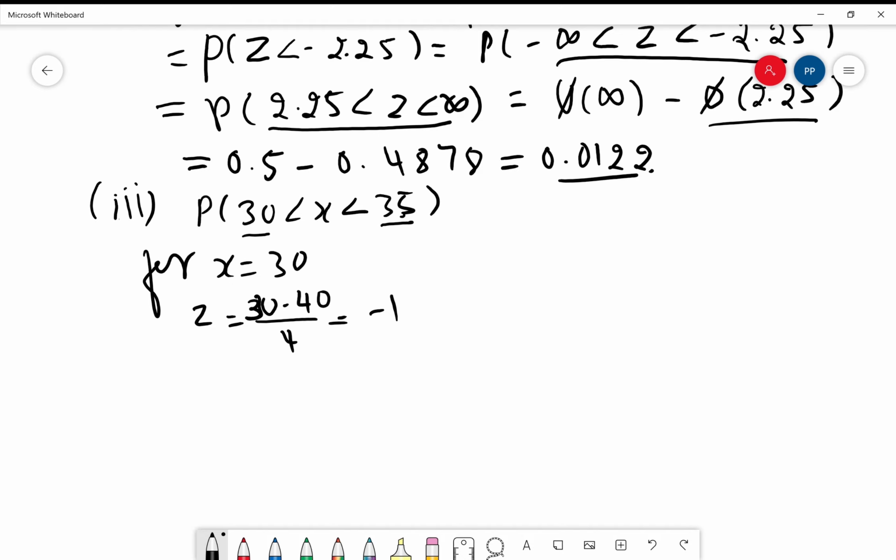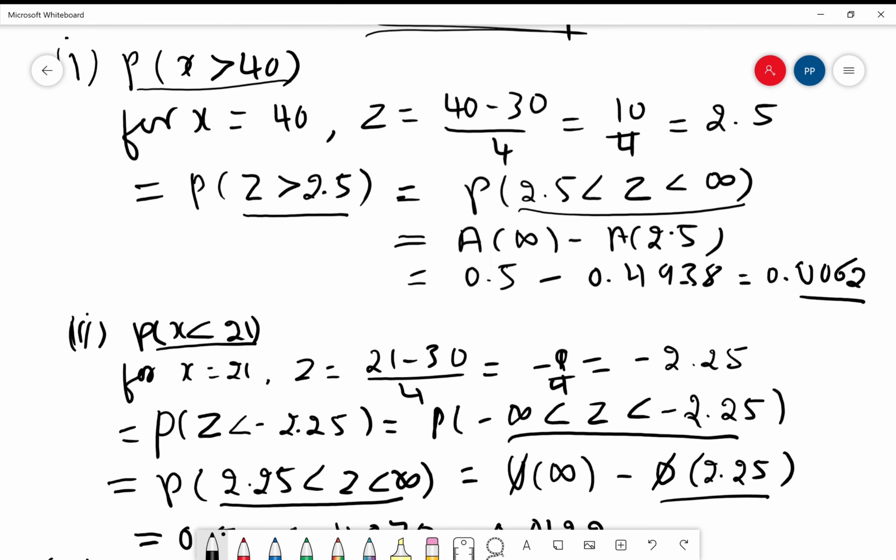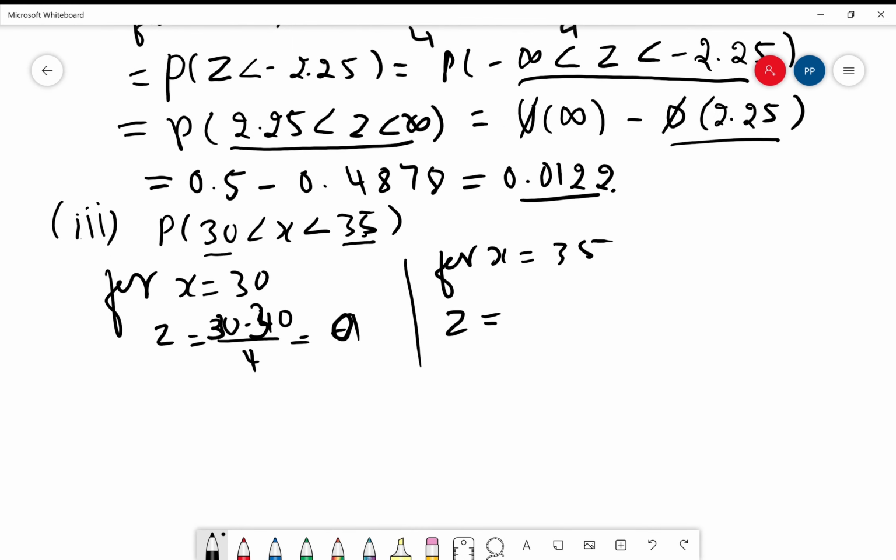And similarly, for x equals 35, z equals 35 minus 30. Sorry, for x equals 30 it is 30 minus 30, which is 0, not 1, it's 0. Here mu is 30.